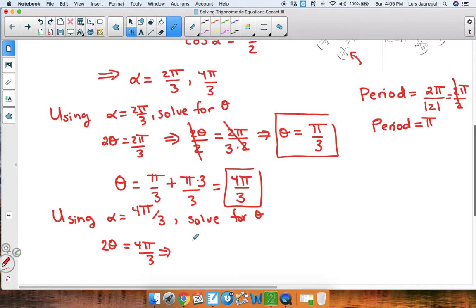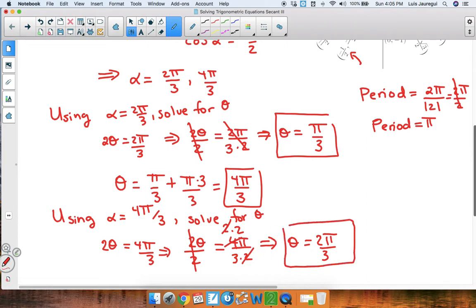After we divide both sides by 2, we get that theta is equal to 2 pi over 3. Why is that the case? Because this 4 is 2 times 2, so one of those 2's cancels with this 2, and you just have 2 times pi divided by 3. So that's still an angle between 0 and 2 pi, so we're good in terms of the interval.